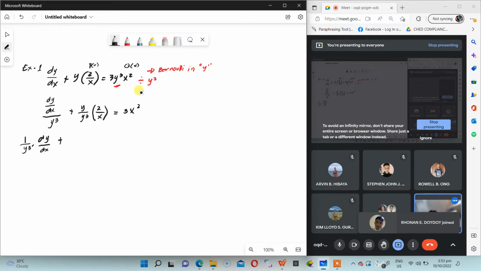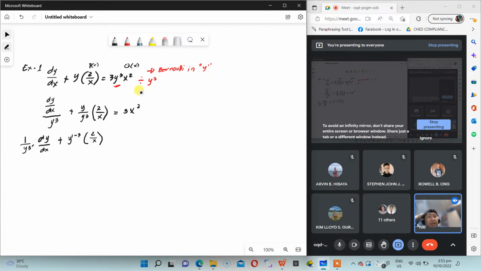So plus, that is y, this one raised to the power of 1 man, no? Then this one is 3. So since that is denominator, minus 3. Then 2 over x. So that is obviously 1 over y squared.